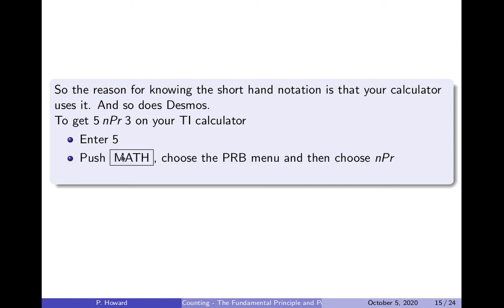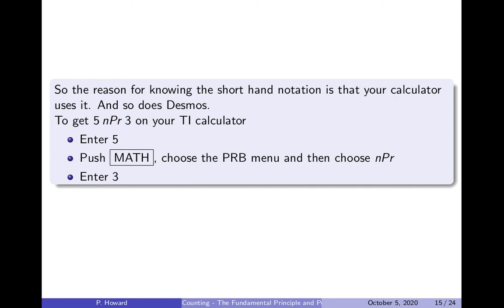So you push the math button. You choose the probability menu from the screen that appears. And then from the probability menu, you choose nPr. And finally, you enter the 3. And then you're all set for the enter button on the calculator to have the calculation actually done.